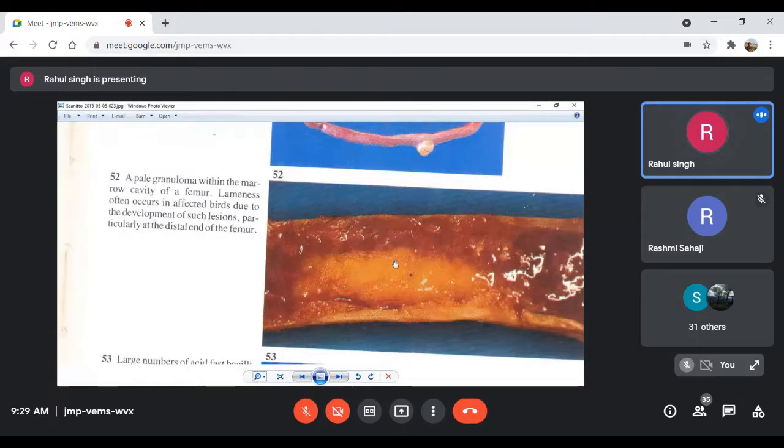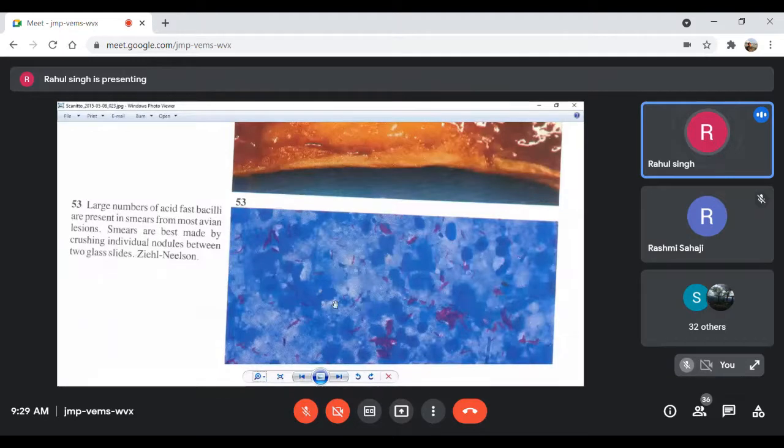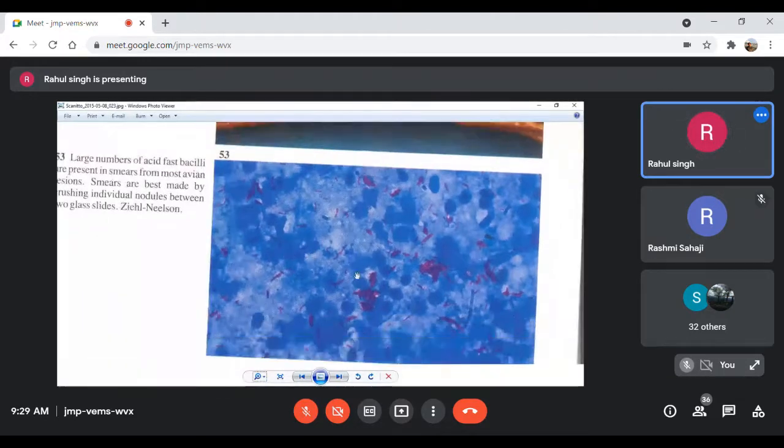It is an indicator that the bone marrow is suffering from some kind of lesion, and when it was stained, a large number of acid-fast bacilli you can see. Ziehl-Neelsen staining will reveal acid-fast bacilli. These are the remnants of cells, blue color, and these are red pleomorphic acid-fast bacilli. So many, numerous are there.